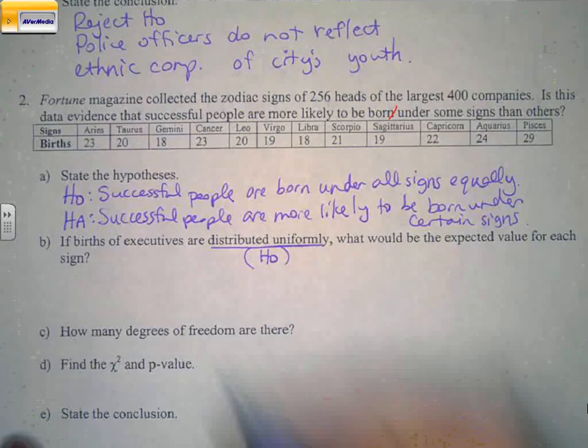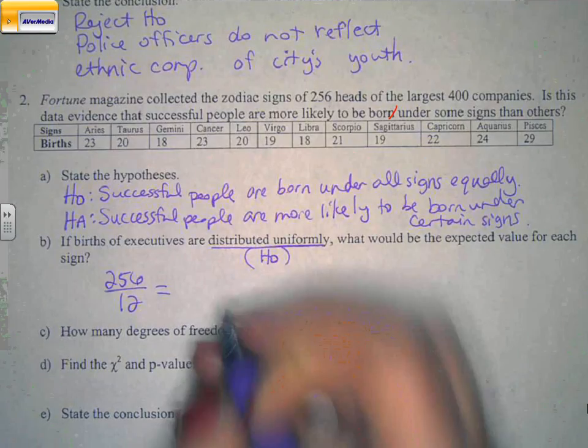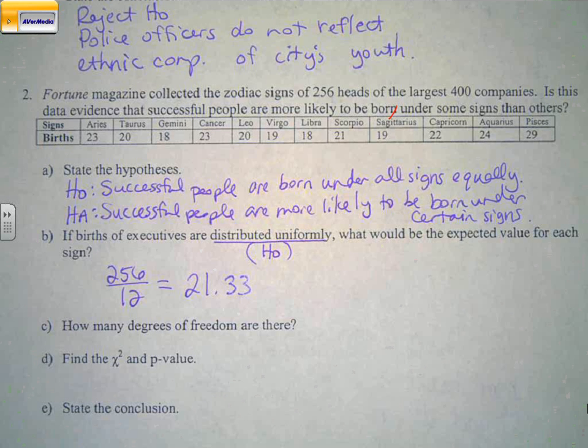There you go. Just 256 divided by 12. This one's more like the Fruit Loop problem we did yesterday. We expected each color to be about the same. 21 and a third.